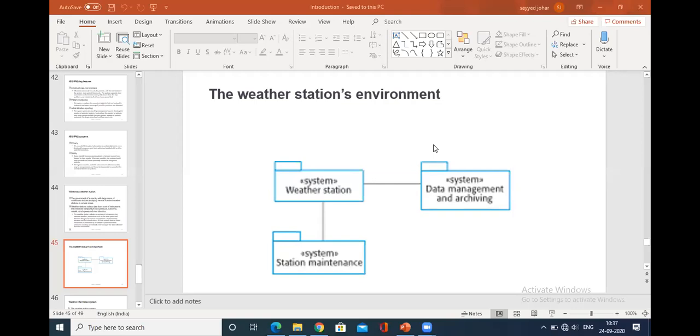Basically, in this diagram, you could see a few of the systems designated as weather station, database, and maintenance. Maintenance is with respect to the hardware device. In the case of a medical system, you know that privacy is important. That is, privacy is a critical system requirement.